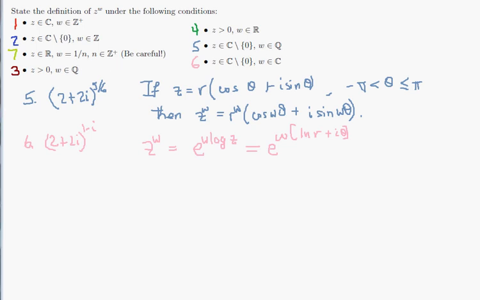So the definition for 7, where I have something like a real number, whether it's 24 to the 1/2 or whether it's negative 24 to the 1/2. Other cases would be 27 to the 1/3 or else negative 27 to the 1/3.